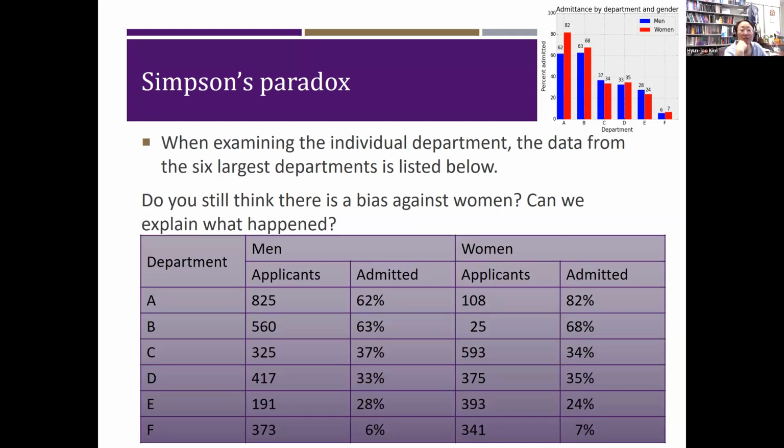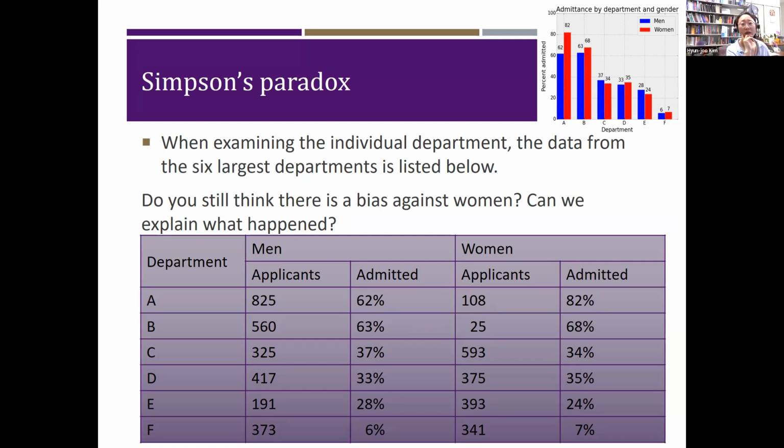The data from the 6 largest departments is listed below. After breaking up the data, we see a different story. Out of 6 departments, 4 of the departments, here and here, accepted women more than men. There was a gender difference, but it was in favor of women, not against.